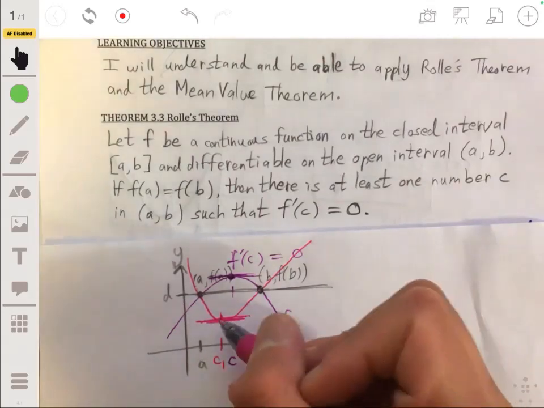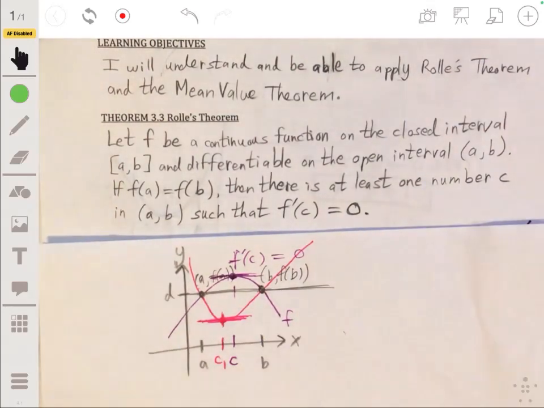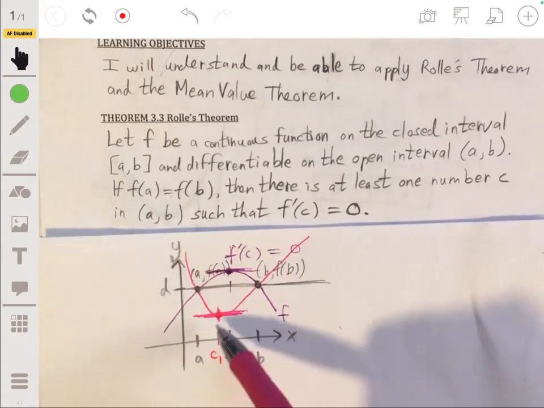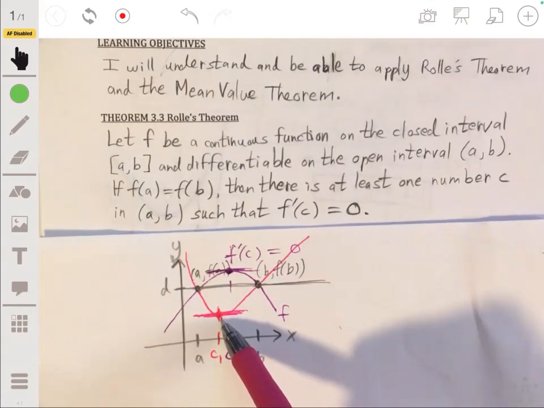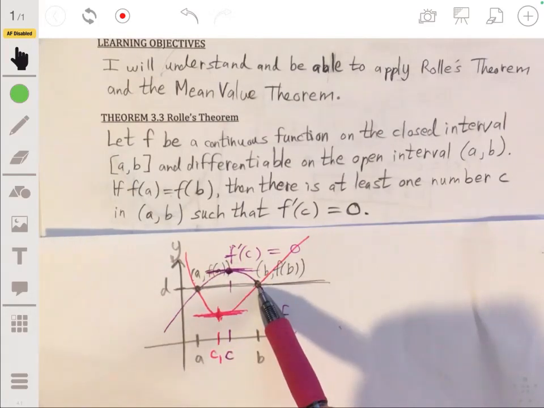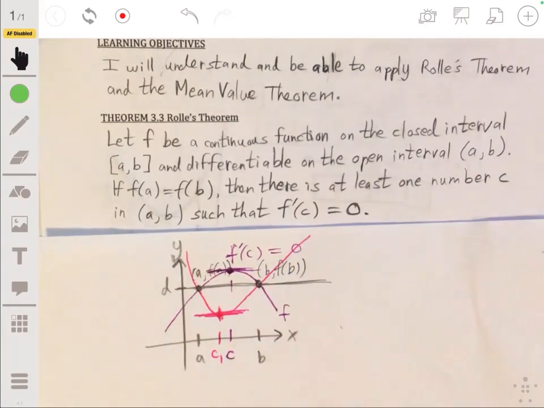At this point, still between a and b, the horizontal tangent line is equal to 0, as long as the endpoints have equal y values. So that's all Rolle's theorem is saying.